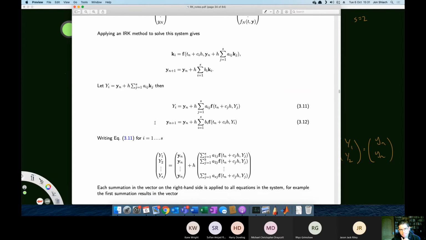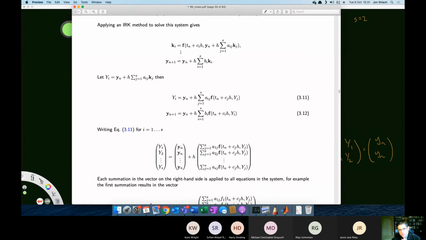Ordinarily, these would be our stage values, and this would be how we update y. Again, similar to the last example, we simplify these. We let big Yi be our stage values, and then we can rewrite our Runge-Kutta method in this form.